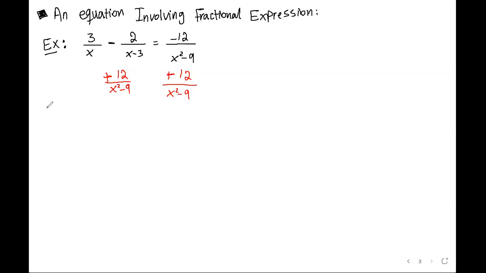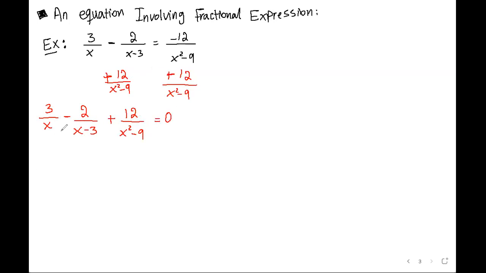So I get another equation: 3 over x minus 2 over x minus 3 plus 12 over x squared minus 9, and that equals 0.